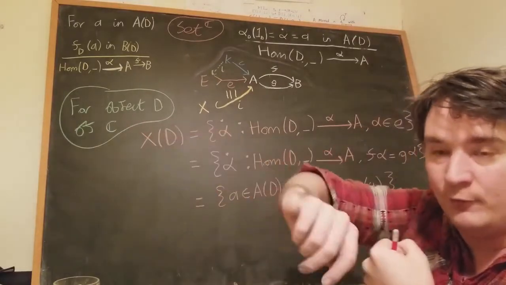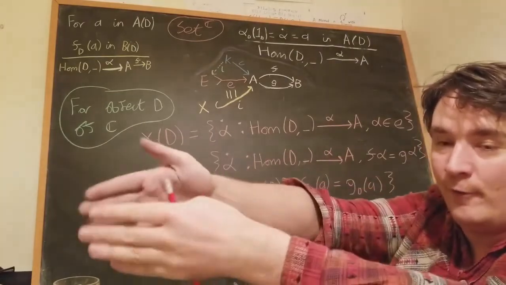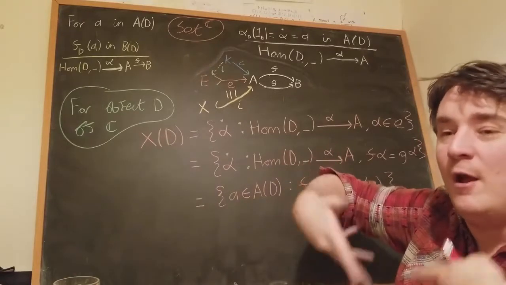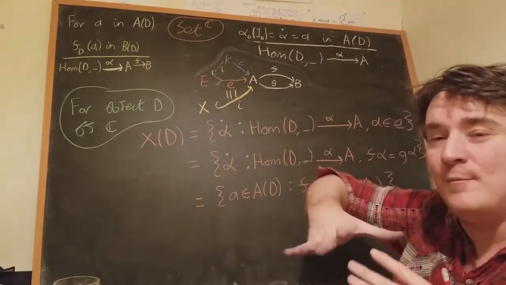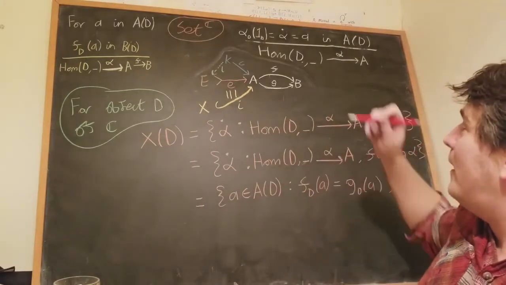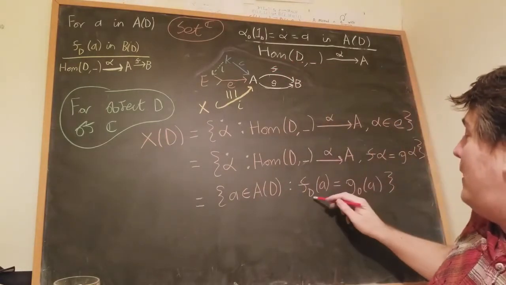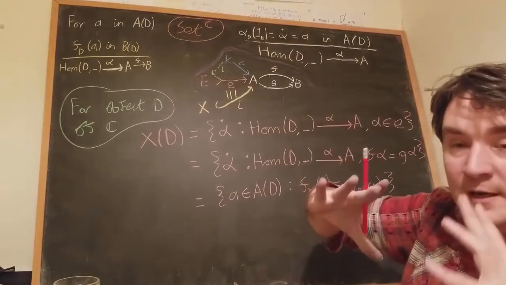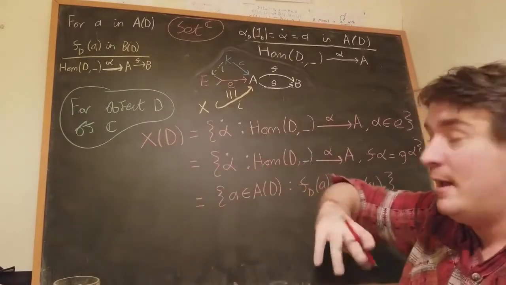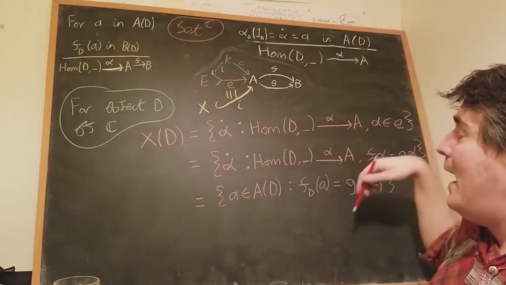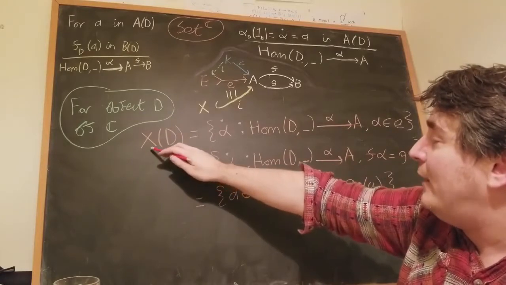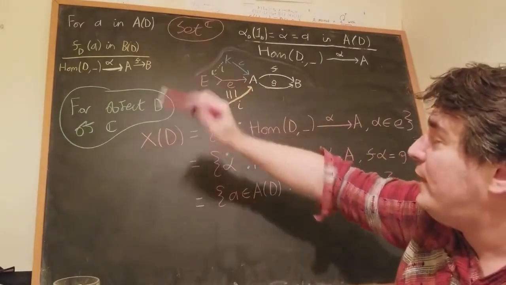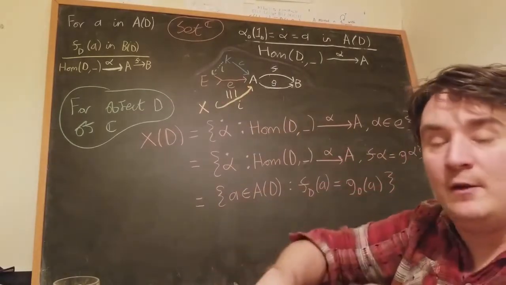These arrows are natural transformations, their dth components are functions, and then we have something that looks like something going on in Set, and we just work out the equalizer of it: the set of elements in A of d such that doing the dth component of f on it gives the same result as doing the dth component of g on it, and that gives us x of d. We do that for every object d of this category C, and that's how we can construct the equalizer.